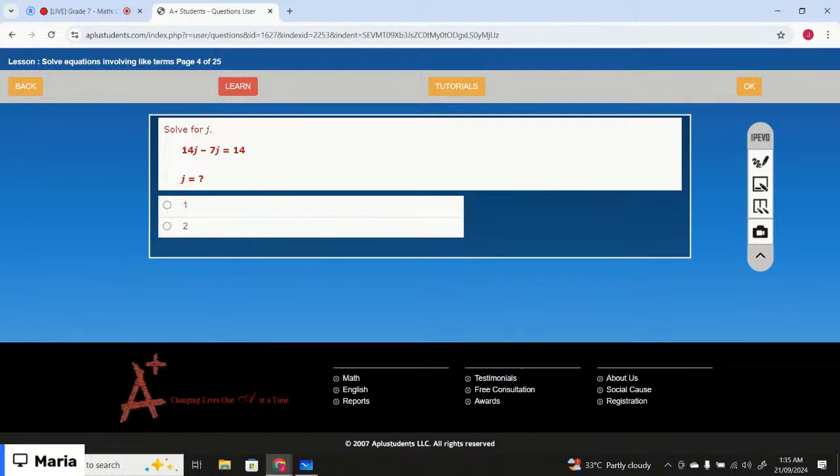14J minus 7J equals 14. So which is the correct option?